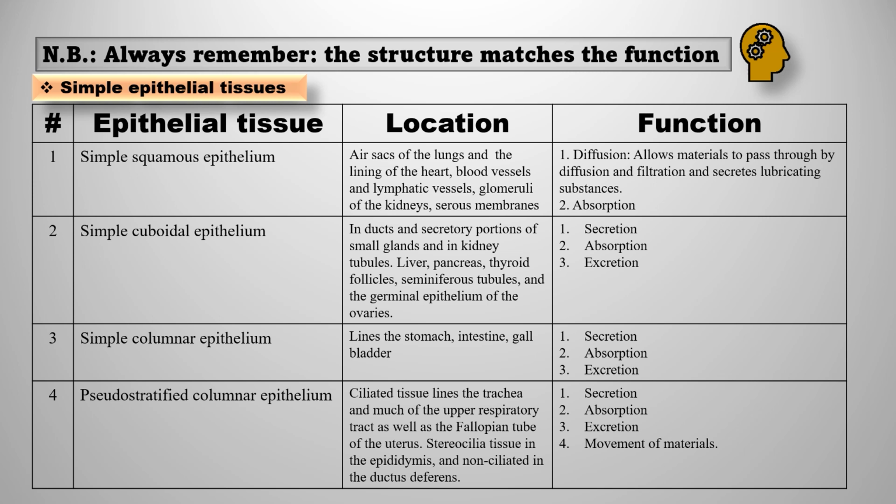So the simple squamous epithelium, we can find it in the air sacs of the lungs and the lining of the heart, blood vessels and lymphatic vessels, glomeruli of the kidneys, and the serous membranes.